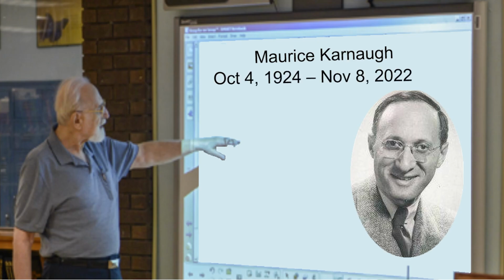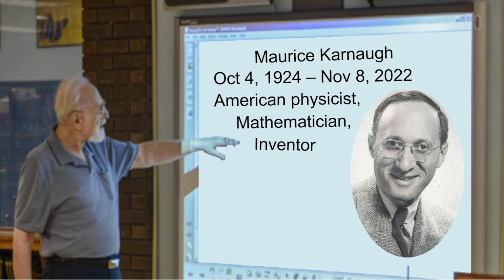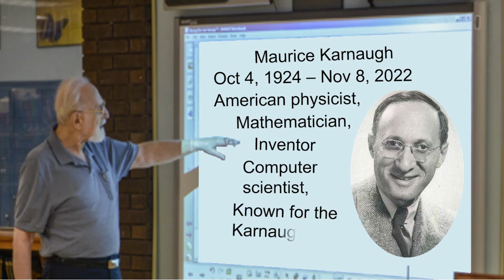Maurice Karnaugh lived from 1924 to 2022, so he died when he was 98 and not too long ago. He was an American physicist, a mathematician, and inventor. He was a computer scientist, and he is well known for the Karnaugh map used in Boolean algebra.